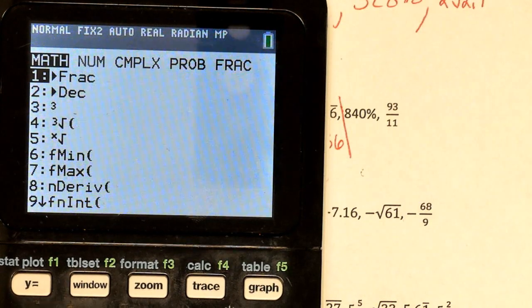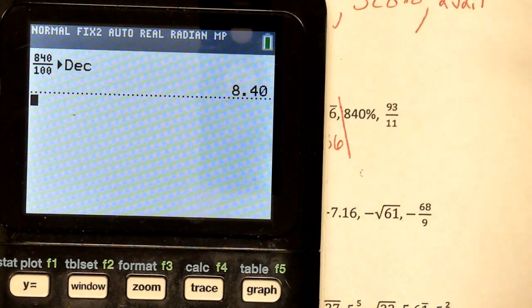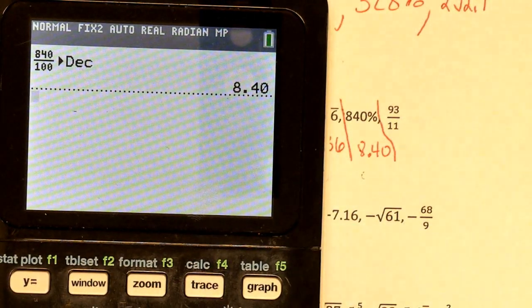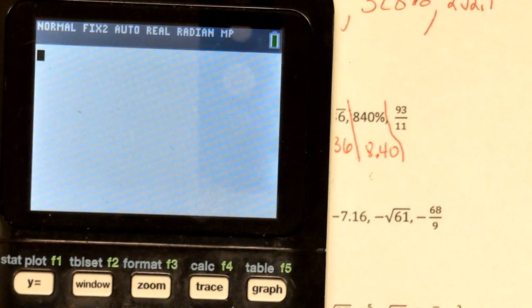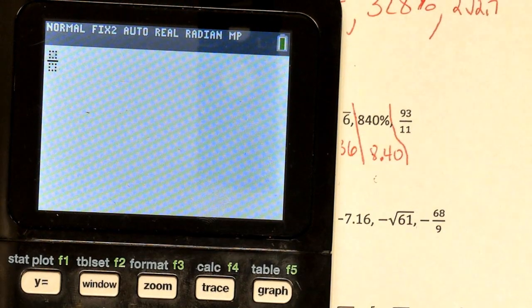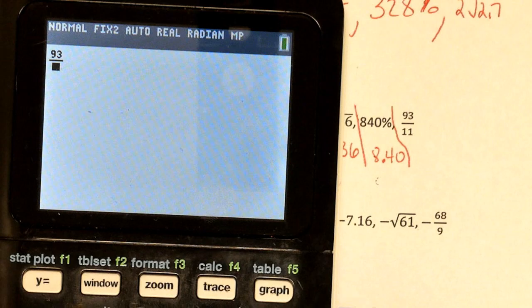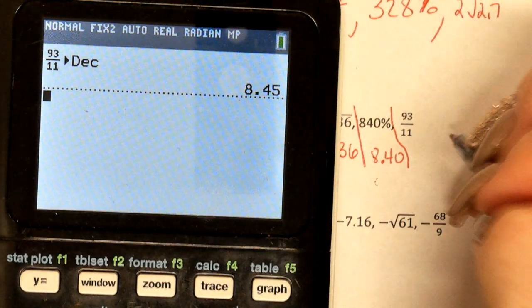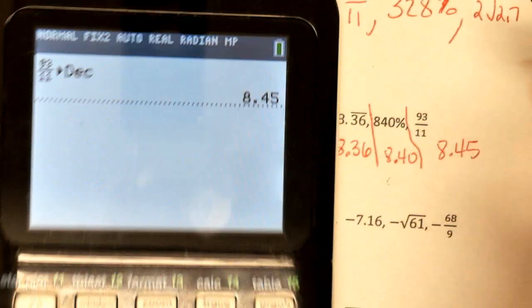Math, decimal, enter. $8.40. And my last one, it's a fraction. So I'm going to do alpha y equals option 1, 93 over 11, arrow out, math, decimal, enter, $8.45.